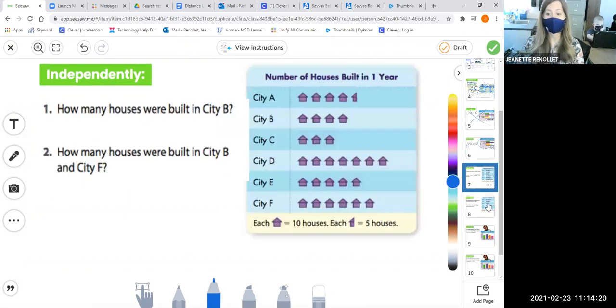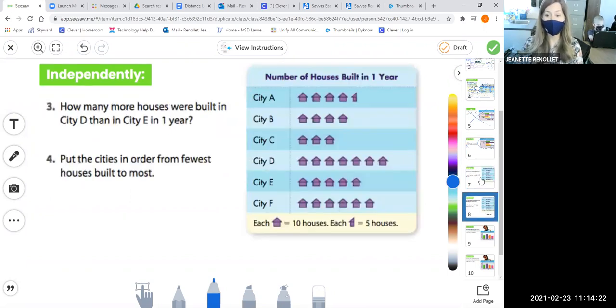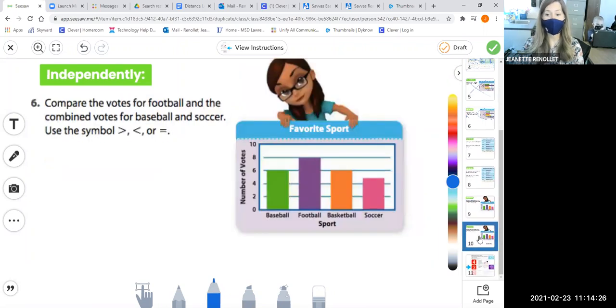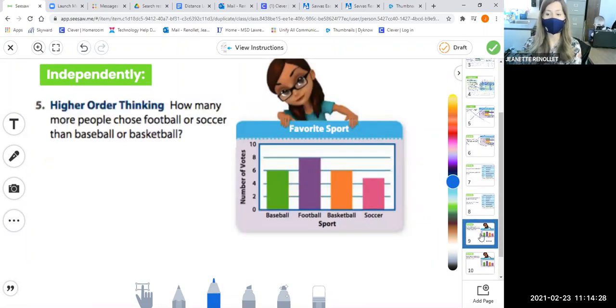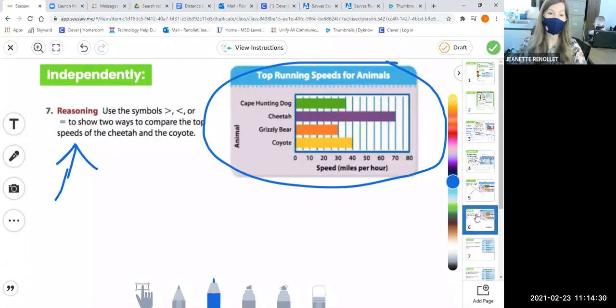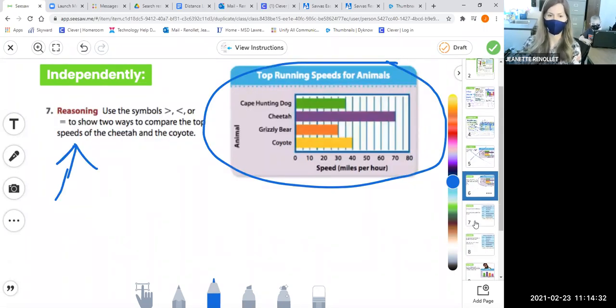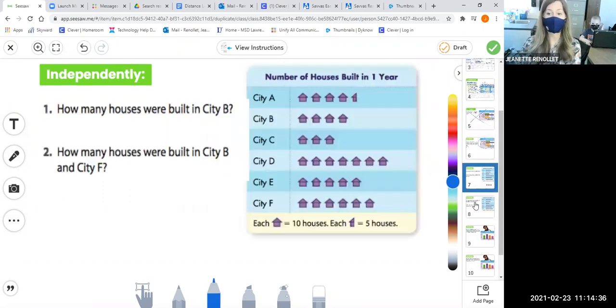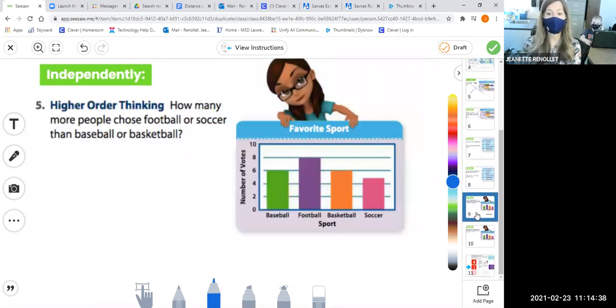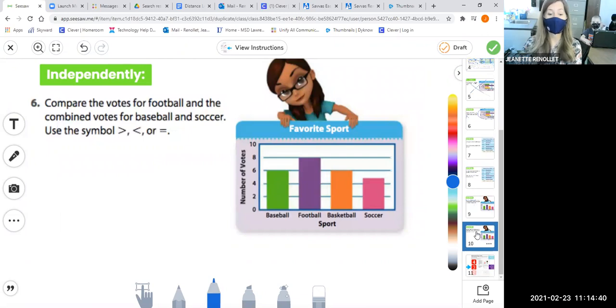Slide number 7 and 8 use the same graph. Slide number 9 and 10 use the same graph. So some of the problems have the same graph, just a new question. You will do slides number 6, 7, 8, 9, and 10 for your independent task today.